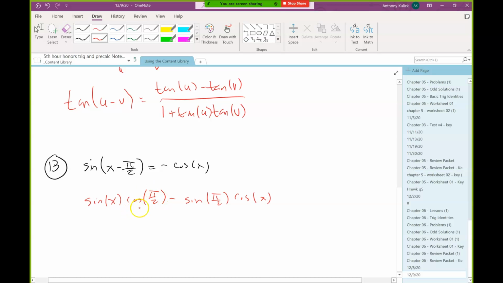If I go to my unit circle, I want to find the cosine of pi over 2. That's going to be the x-coordinate at pi over 2, which is 0. If I want to find the sine of pi over 2, that's the y-coordinate at pi over 2, which is just 1. So 0 minus cosine of x, or just negative cosine of x. And I'm done.